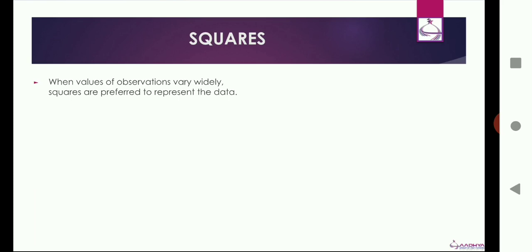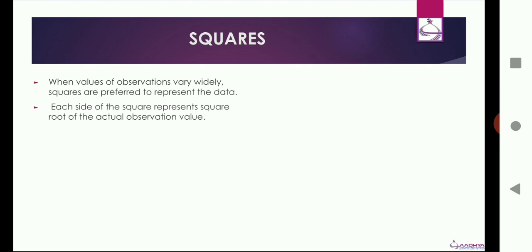The calculation of the area tells us the total value of a measure which is being used for comparison for two different groups which are very different or which are spread very wide. For such kinds of data where the observations vary very widely, we use a square diagram.